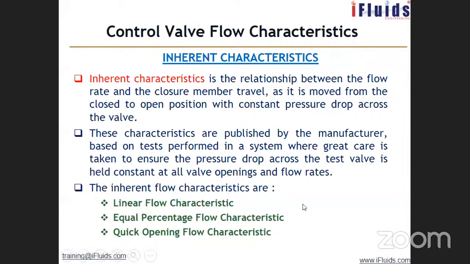So inherent flow characteristics are linear flow. Linear means it's directly proportional. If you open 50% of the valve, flow will be 50%. If you open 78%, flow will be 78% of the design flow. Equal percentage flow characteristics is like exponential. Under low opening conditions, flow will be low, but it increases during the middle stages of the opening, and towards the end it will be very high.